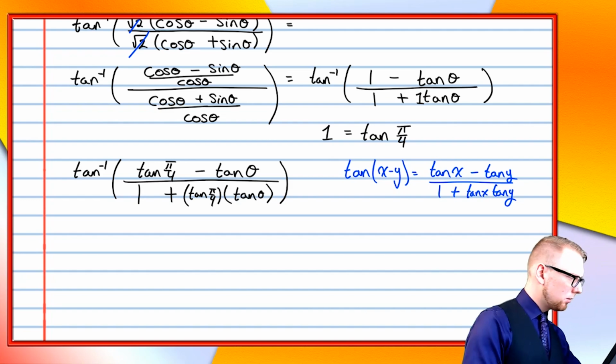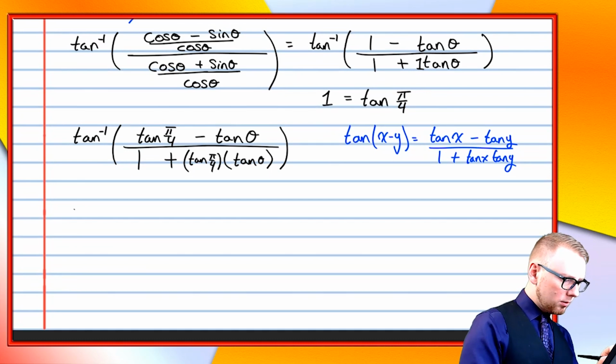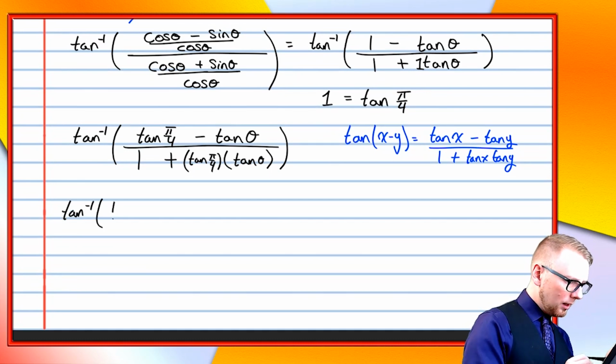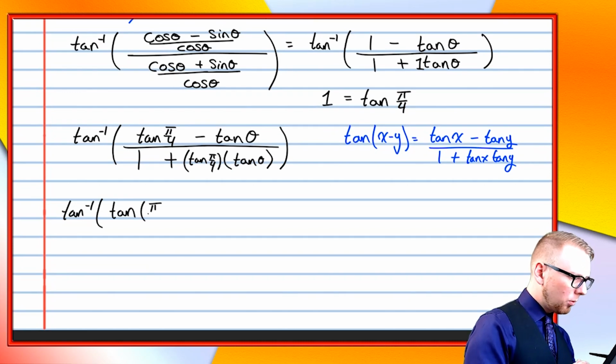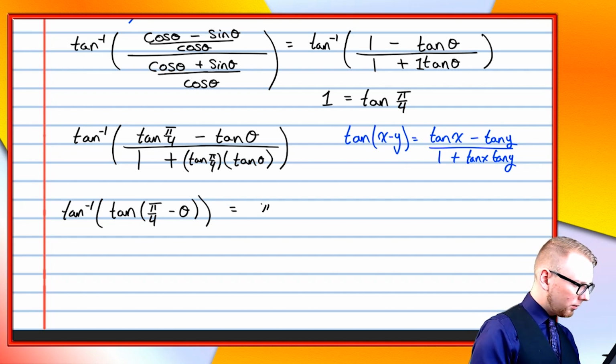That means this inside can turn into tan inverse of tan of pi over 4, because that would be our x, minus theta. Well, take a look. Tan inverse of tan, this just gives us pi over 4 minus theta.